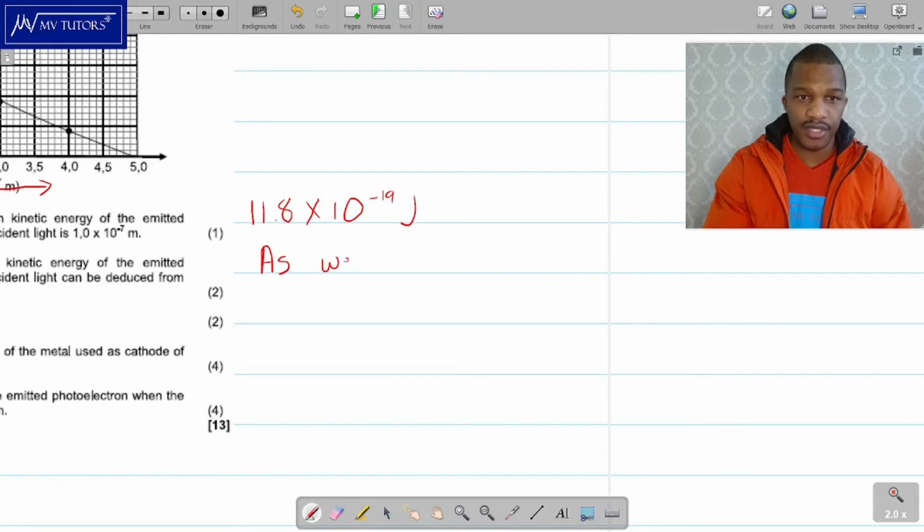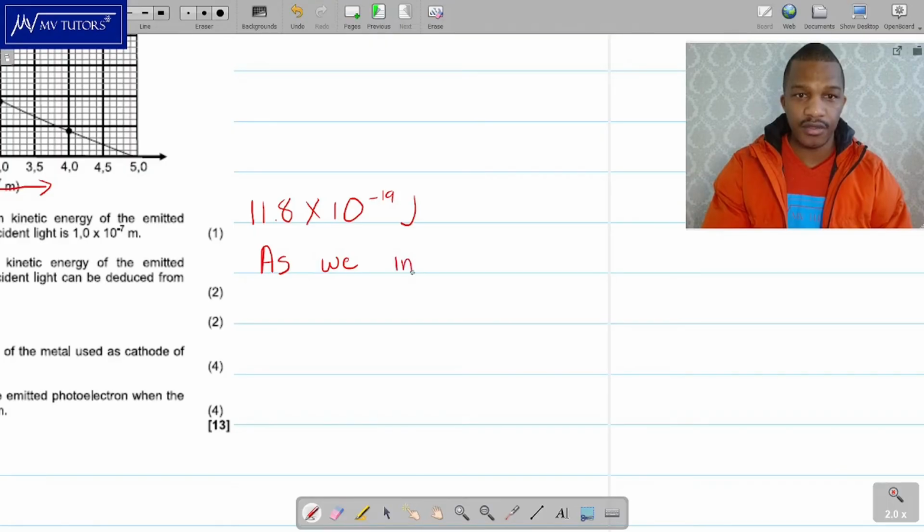As we decrease, no, it's not decrease. I actually want to increase, because I want to start with the wavelength.